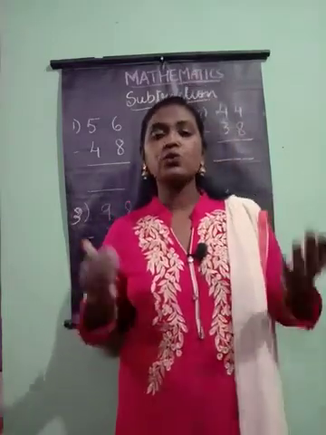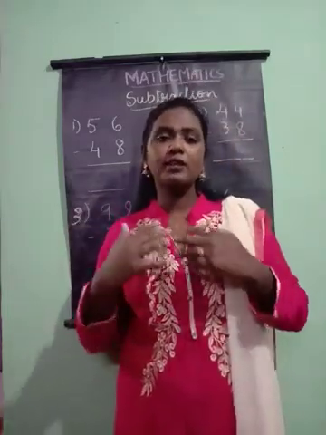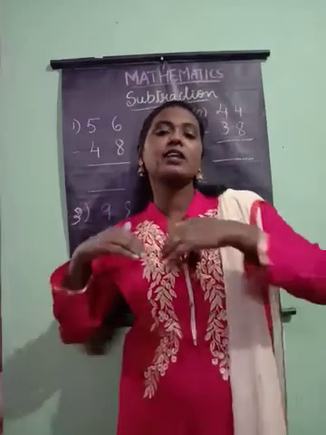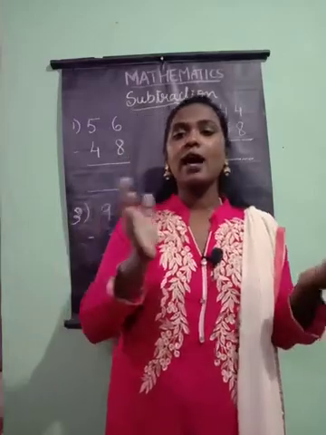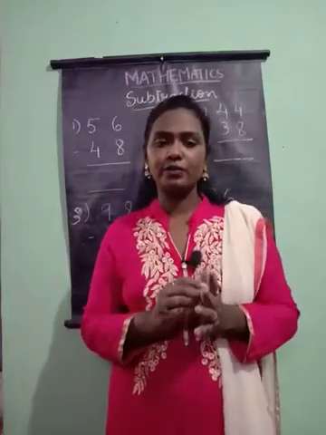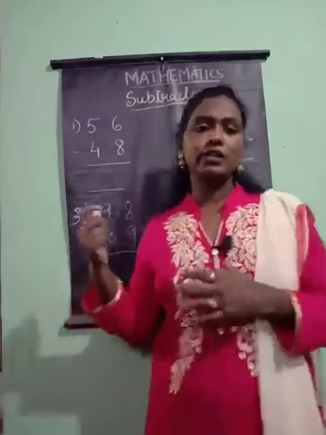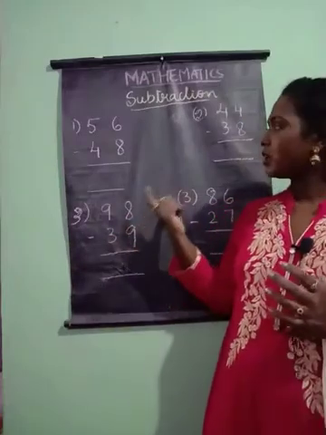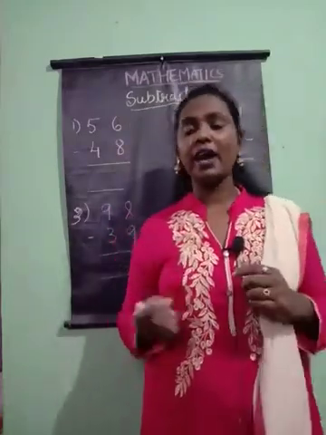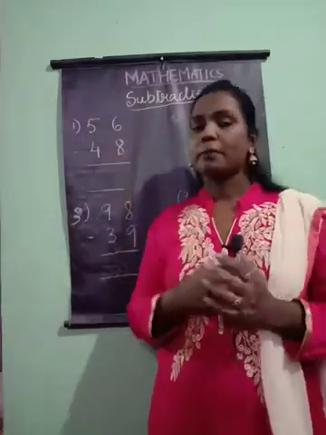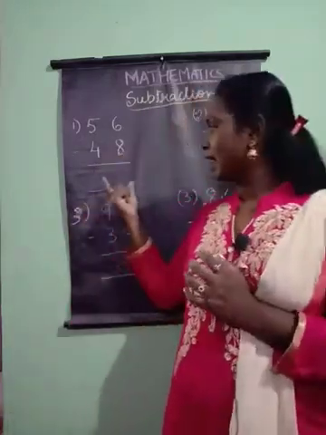We have to take the quantity we reduced or gave to our siblings, and write the remaining. Same thing you have to follow in subtraction. Here the numbers are given. From the given number we have to reduce the number below and write the answer.